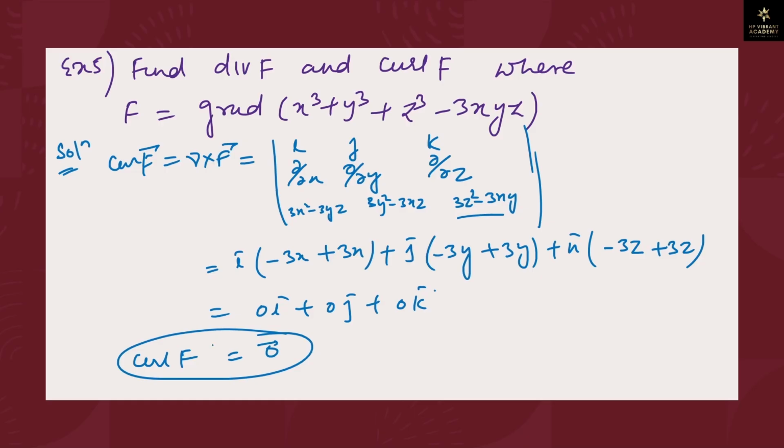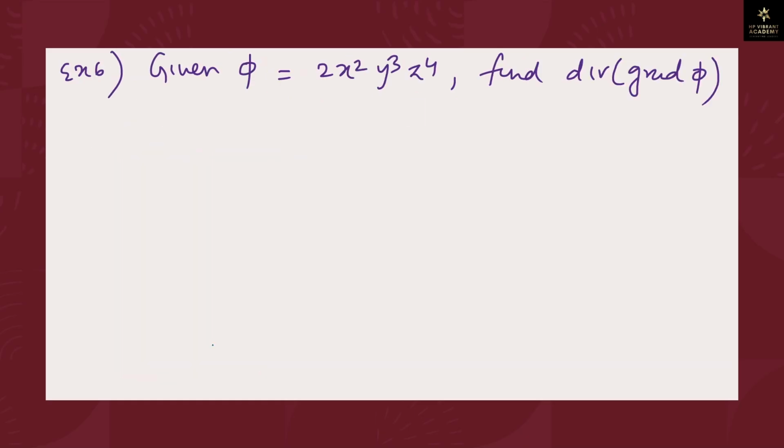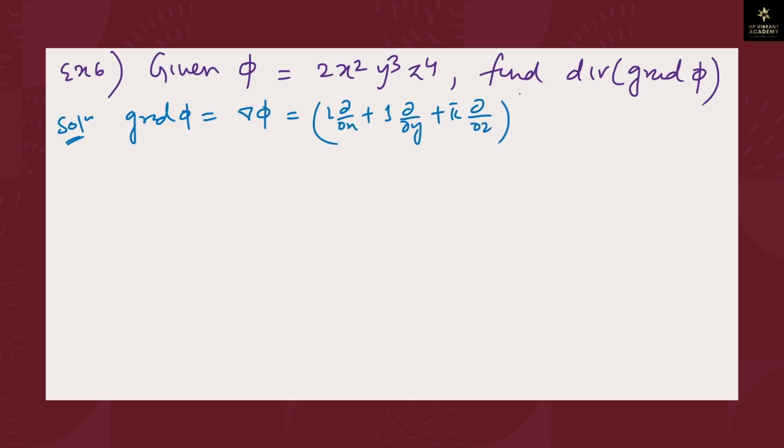Okay, let us discuss question number 6, how we can find this. We have the gradient of phi as del of phi. So this is equal to i del upon del x plus j del upon del y plus k del upon del z times phi. Now the value of phi is 2x square y cube z4.